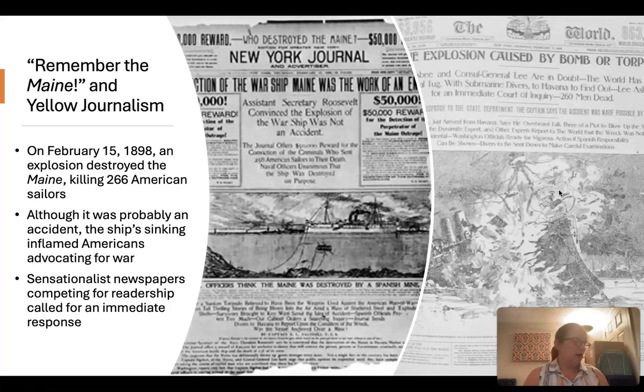They thought that maybe it happened outside the ship, but it really wasn't clear what had happened. 80 years later, in 1983, an investigation concluded that it had probably been an accident, that the explosion had probably occurred inside the ship, probably a boiler blowing up or something like that.